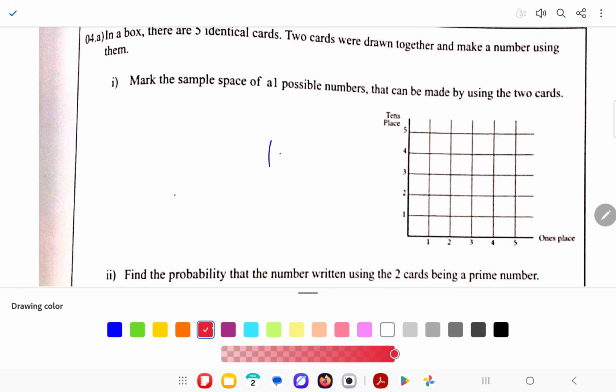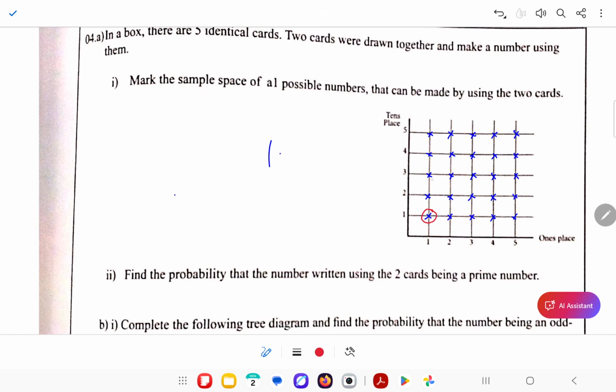So label the prime numbers. 11 is prime, 13 is prime, 21, 22, 23 is prime, 31 is prime, 32, 33, 34, 35 no, 41 is prime, 42 no, 43 is prime, others are not, 51 no, 52 no, 53 is prime, 54, 55 no. So 7 prime numbers, total 25, so the probability is 7 over 25 or 0.28.